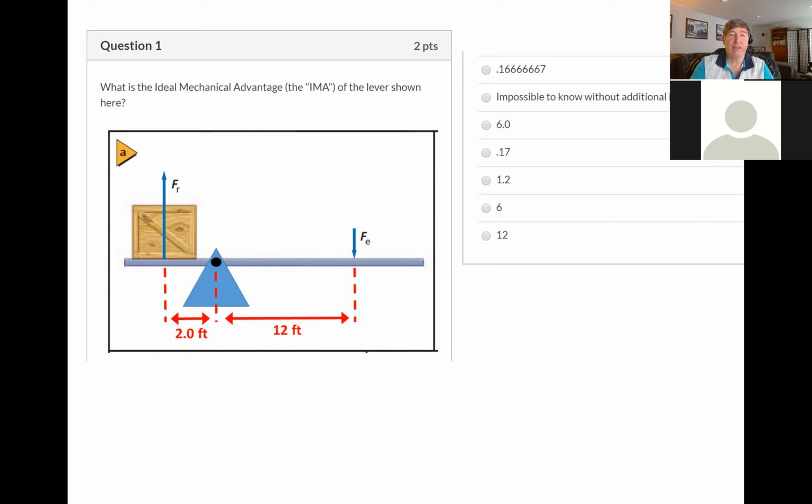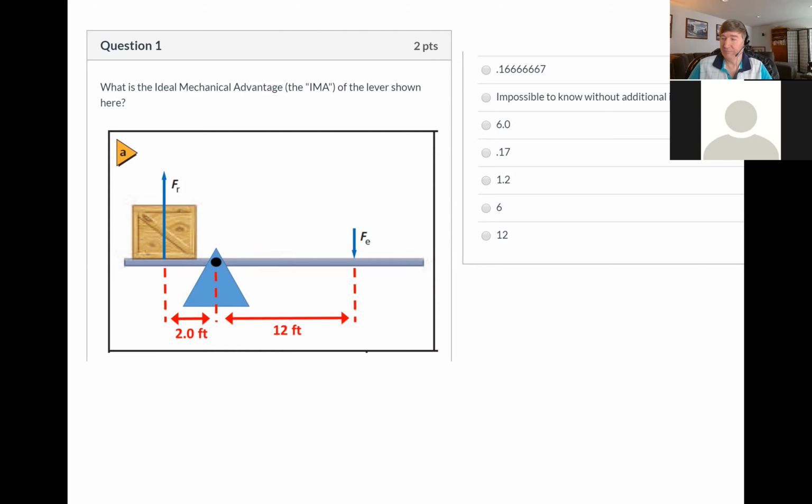Okay, anyway, the first quiz question was this one right here: what is the mechanical advantage of this thing? Anybody want to pipe in with an answer?